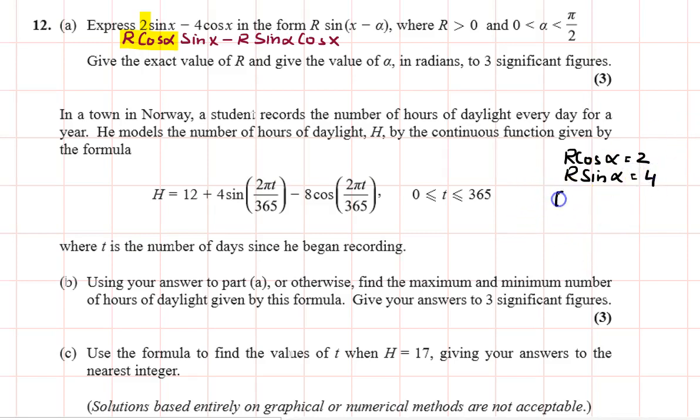If we square both sides, then r square will be common, sin square alpha plus cos square alpha, so this will be 1. So this is 2 square plus 4 square. So r square will be 4 plus 16, 20. R will be root 20.